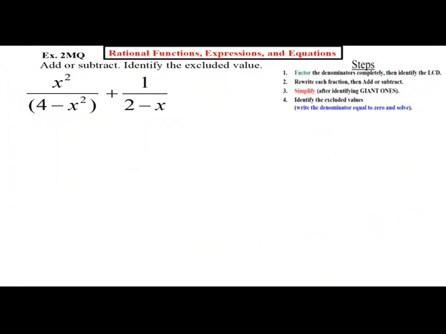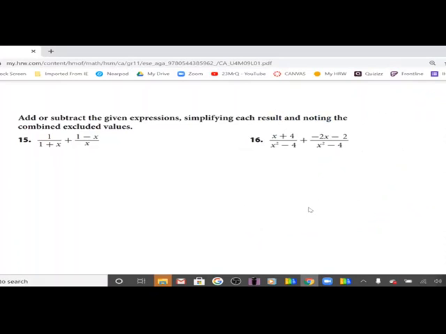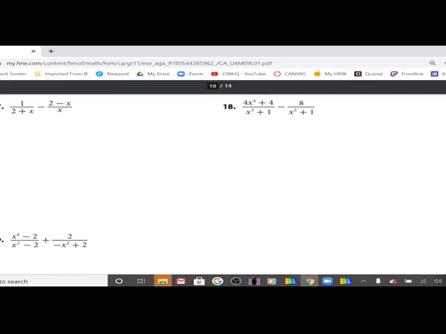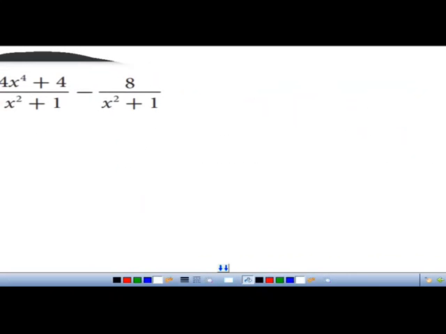So at this point, get your home play in front of you from last night. Whatever problem we choose, I want you to do that completely again so we can get the extra practice. So which one do you guys want me to go over together with you? Okay, let's go over number 18. Copy that one. All right, there's number 18.